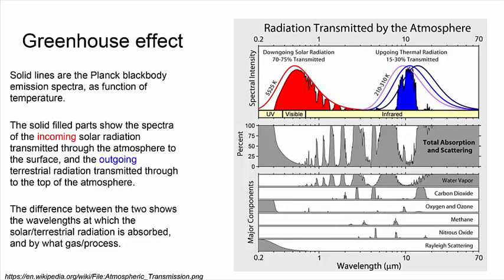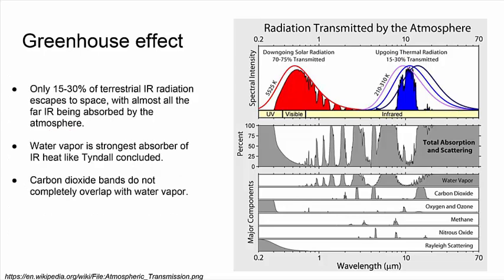Water vapor absorbs very strongly. It's actually the strongest greenhouse gas in the infrared, so it absorbs a lot. But you also have carbon dioxide, and other constituents like methane and nitrous oxide, which absorb in the IR.